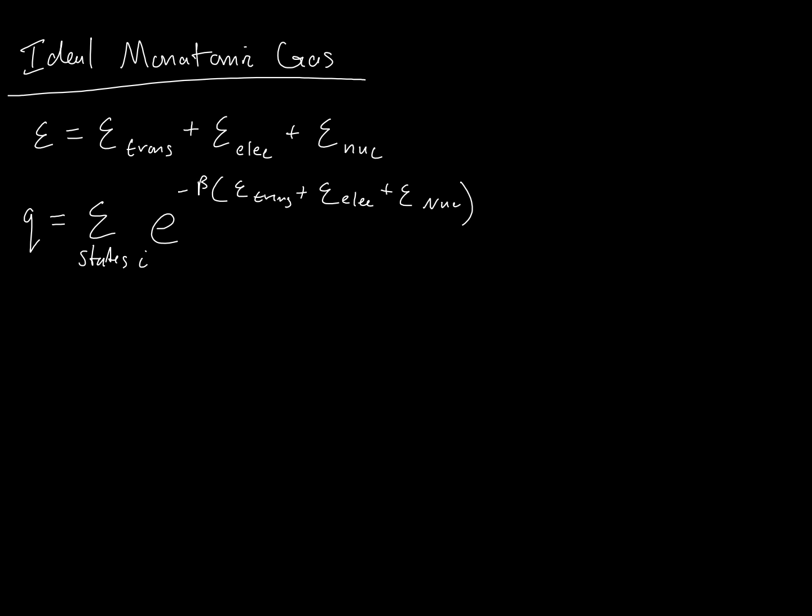Now, if we make the assumption that each of these energy modes are completely independent, my translational energy state can be completely independent of my electronic energy states, then we can break this partition function up into individual partition functions. We write this as the partition function of all the translational states, the partition function of all the electronic states, and the partition function of all the nuclear states.